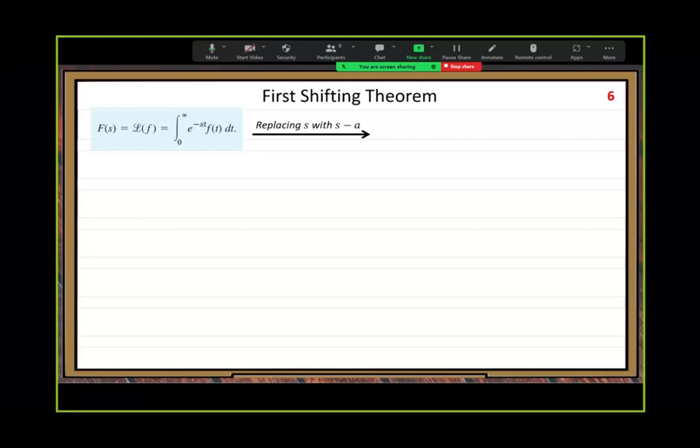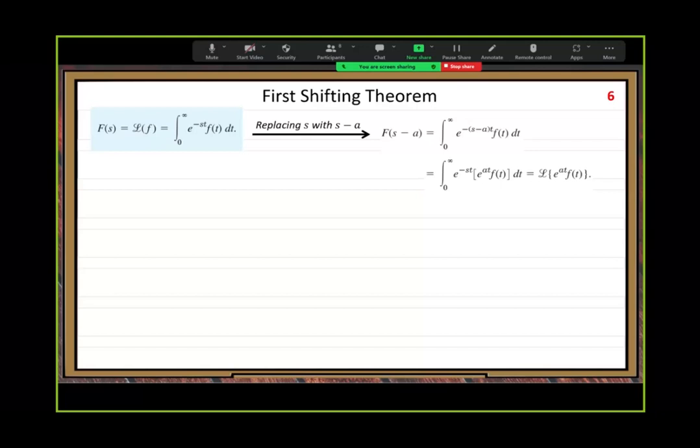That's a shift by a. So F of s minus a equals that. We take the Laplace transform of the original f function multiplied by the exponential function e to the at.